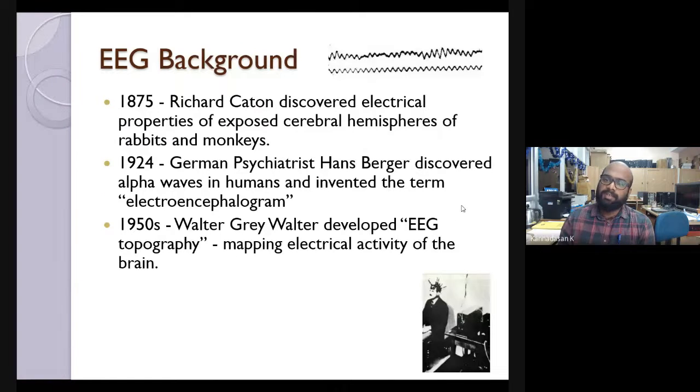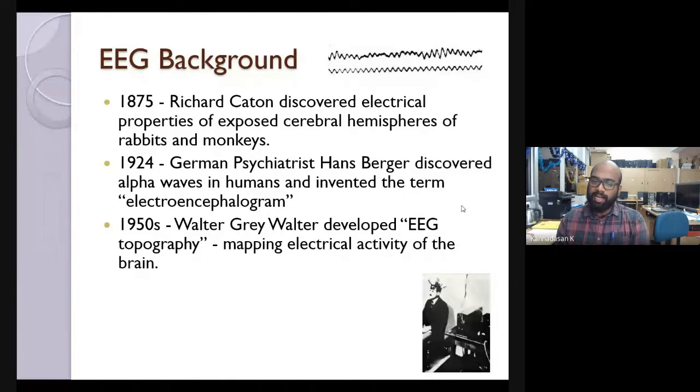To start with the basics of EEG background, it was found in the year 1875, when they started with rabbits and monkeys. They kept electrodes on the cerebral hemispheres of their brain and discovered that some sort of electrical signal is coming out of the brain. Then in 1924, they discovered alpha waves in humans, and the term EEG, electroencephalogram, came at that stage.